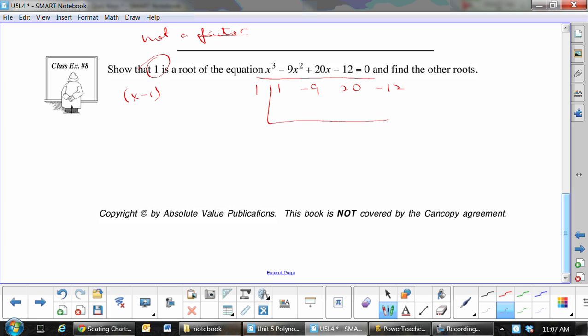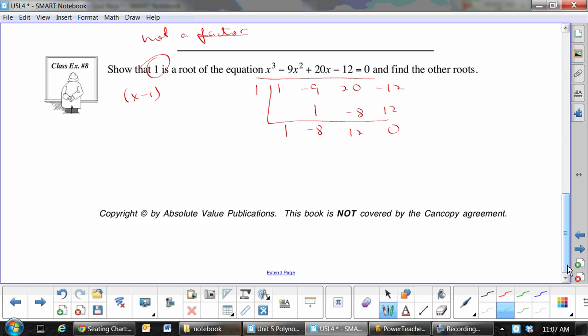Okay, so let's do it. I drop the 1. 1 times 1 is 1. Negative 9 plus 1 is negative 8. Negative 8 times 1 is negative 8. 20 and negative 8 is 12. 1 times 12 is 12. Negative 12 plus 12 is 0. Okay, I'm glad I got 0. Now, what does this mean?